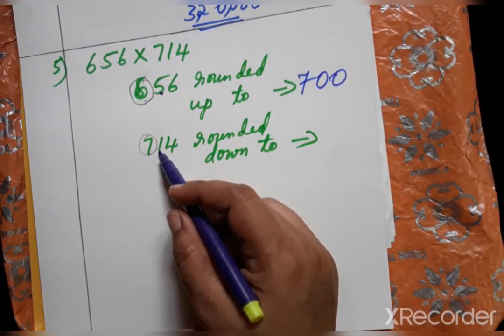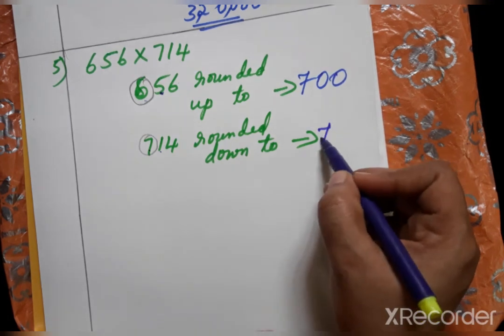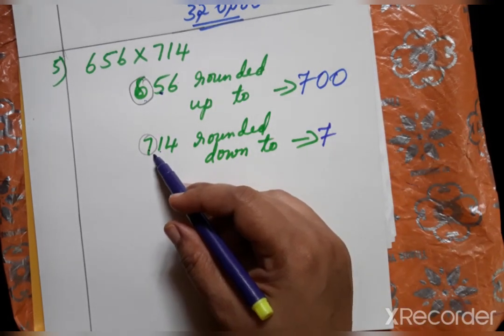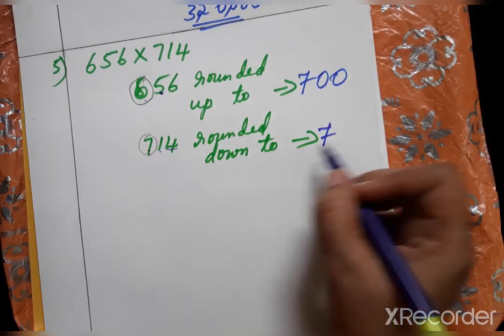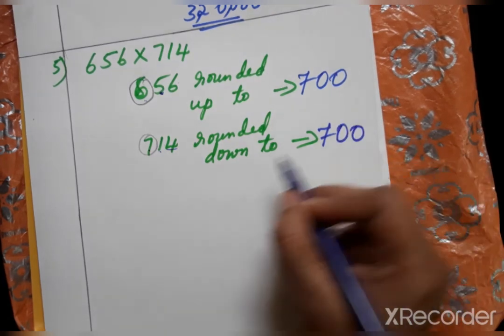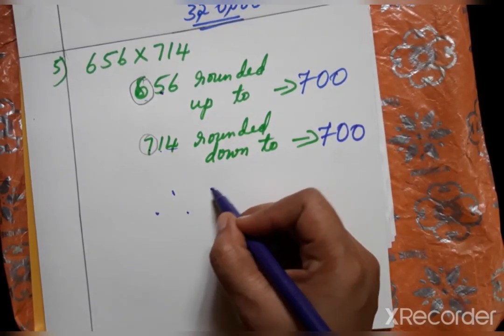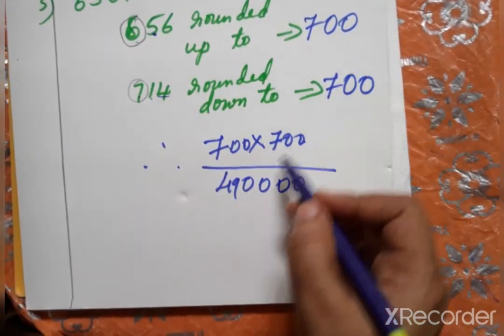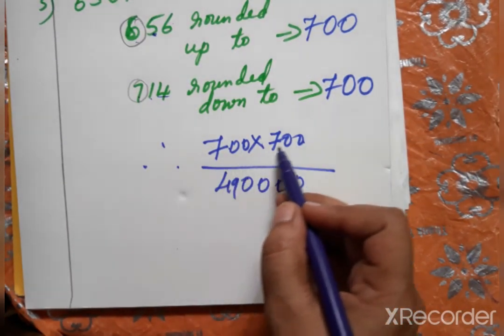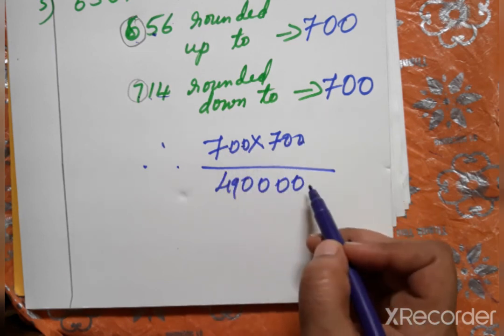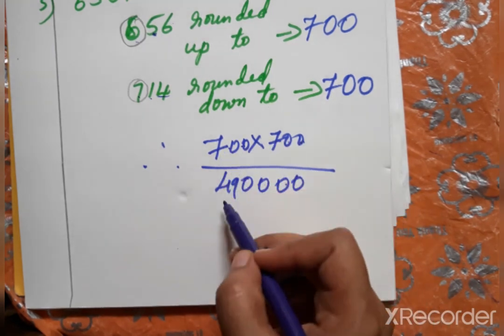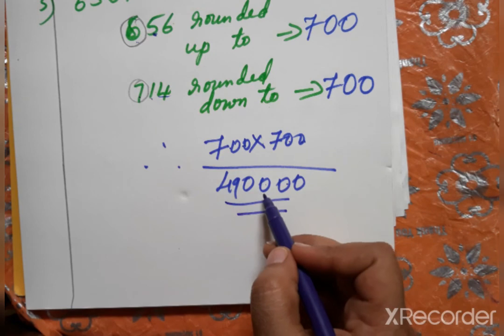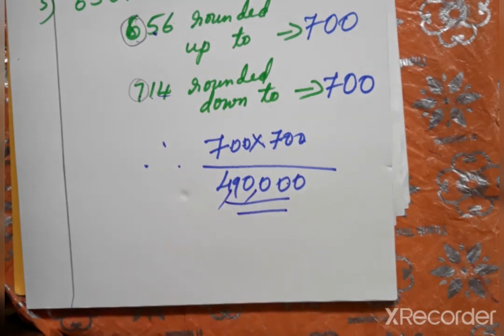Less than 5 means this number remains same, no help from his friend. And once the door is knocked, 1 is now 0 and 4 is now 0. Therefore the rounded numbers are 700 into 700. After multiplying, 1, 2, 3, 4 zeros, and 7 7s are 49. Answer is 4,90,000.